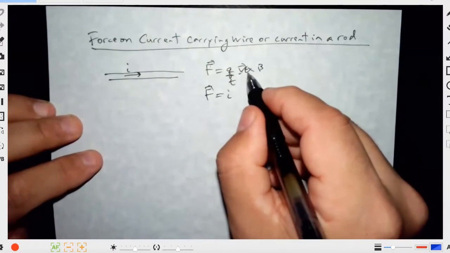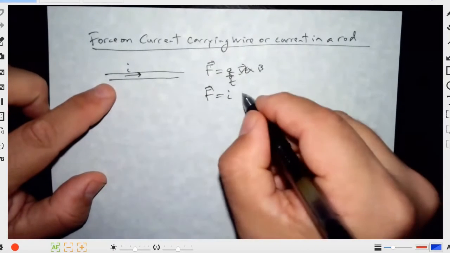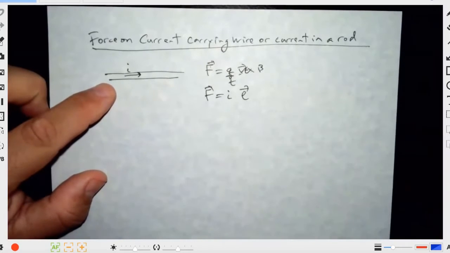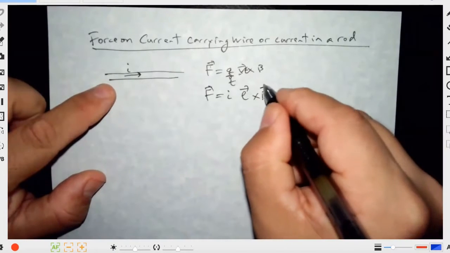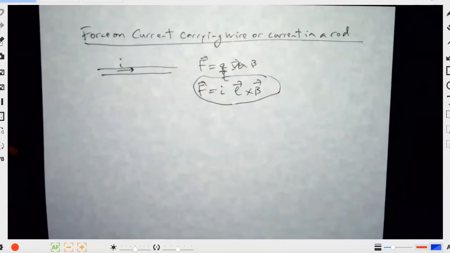And v times t, the velocity that the charge is moving times the time, is the length of the wire. So now I have a new equation that works for current carrying wires.